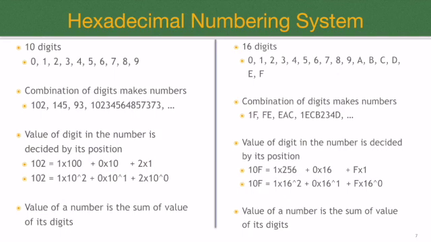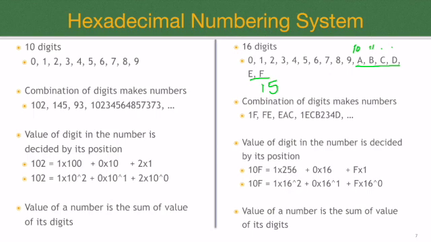Similar to the binary numbering system, there is another numbering system called the hexadecimal numbering system. I will not cover all the details here, but the hexadecimal numbering system has 6 more digits in addition to the 10 digits of the decimal, and their values are equal to 10, 11, all the way up to 15.